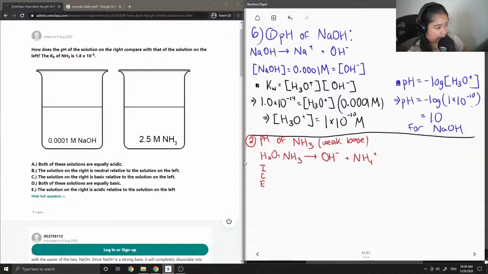So we know the initial concentration of NH3 is 2.5, and the initial concentrations of both of our products is just 0. The change is minus X for the reactant and plus X for both of our products. And then at equilibrium, the concentration of NH3 is 2.5 minus X, and the concentrations of our products is just equal to X.